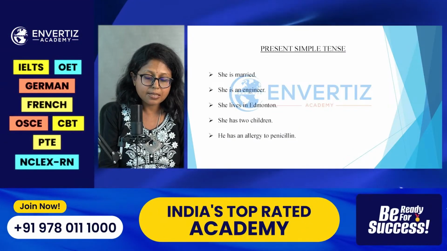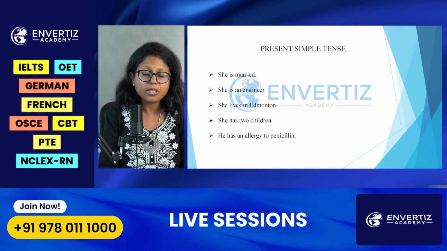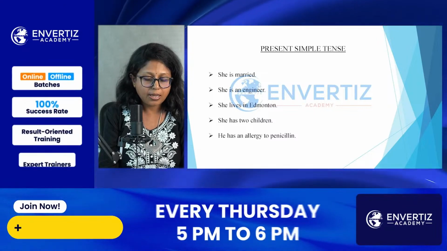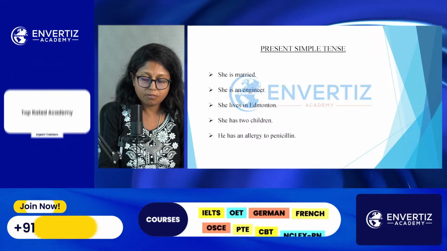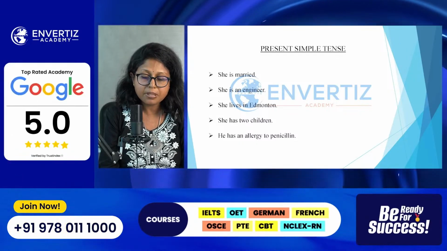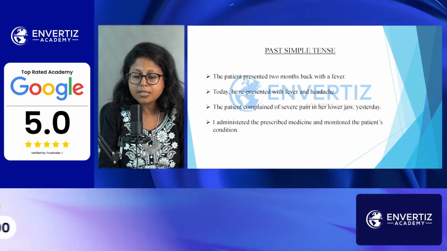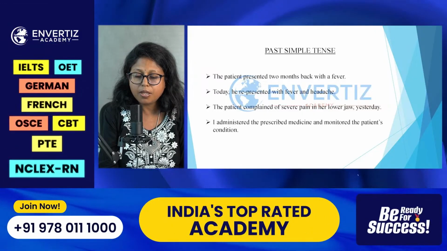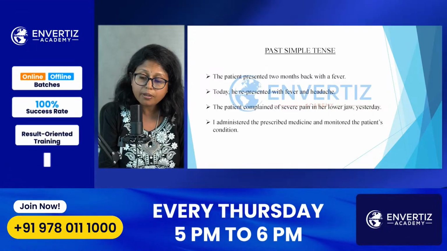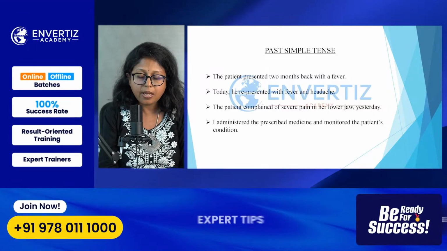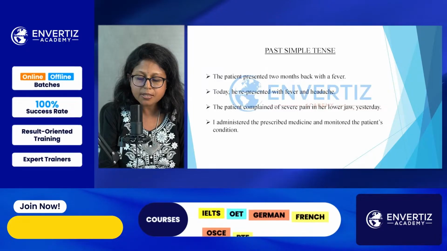Well, in the present simple tense, we said that information that does not change, that is unchanging facts, are written using present simple tense, whereas the past simple tense we use when the background information is also required, and we discussed a couple of sentences on that.